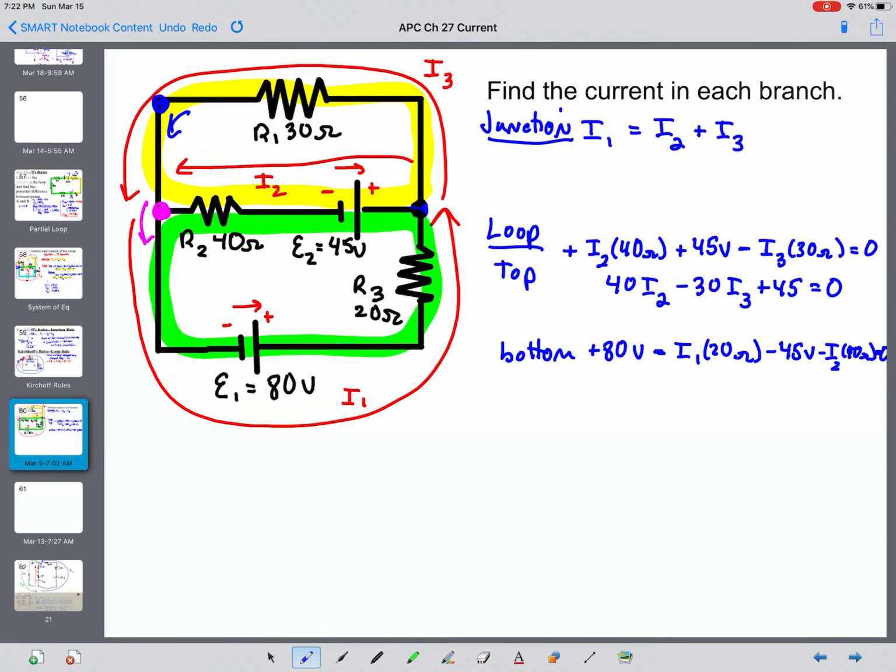Cleaning up the equation a little bit, I'm going to have negative 20 I1 minus 40 I2. Clean that up a little bit.